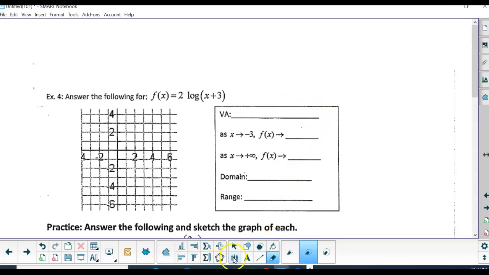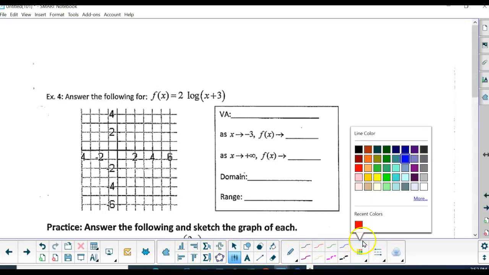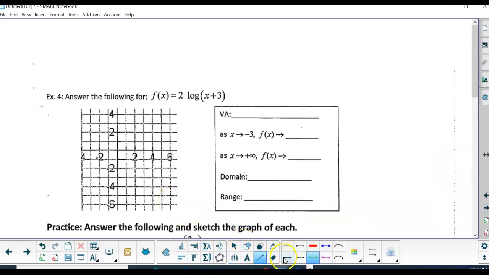If I have a shift left of 3, that means I'm going to have an asymptote at negative 3. So there's my vertical asymptote.